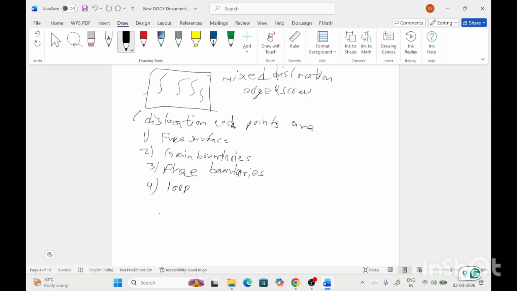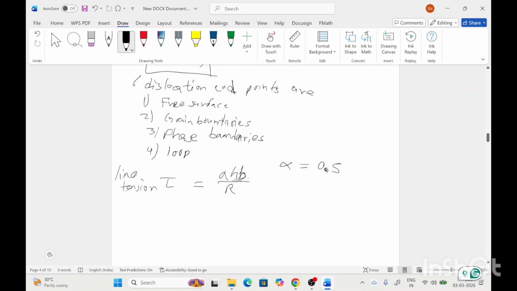So that line tension formula is given as alpha GB square by R. So alpha is the same constant as in the energy, G is the shear modulus, B is the Burgers vector, and R is the dislocation core radius. Here the alpha value is generally given as 0.5, or if any problem is given, the alpha value is also provided in that.